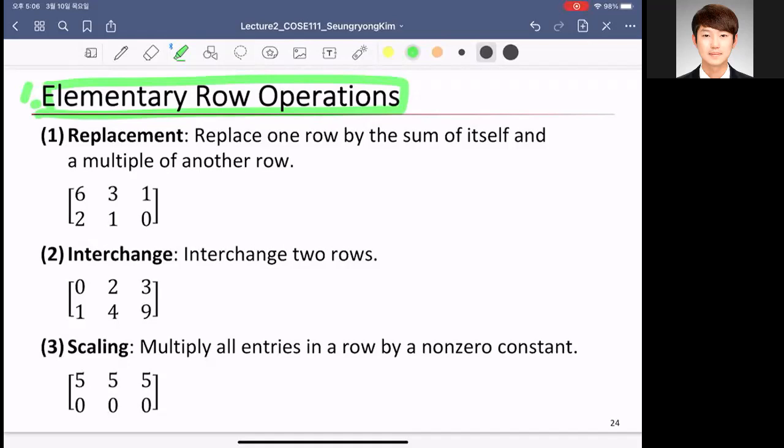So for this, I'd like to introduce three kinds of matrix operators: replacement, interchange, and scaling.